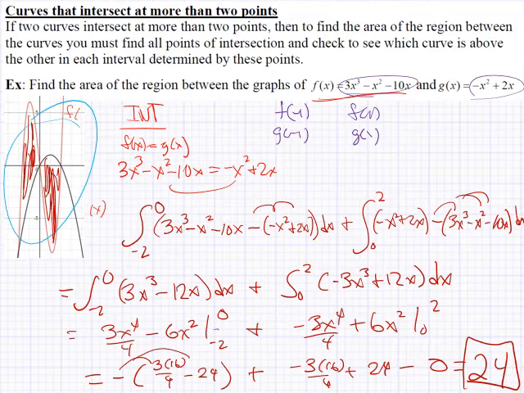But this one again is different because now we're intersecting multiple times and bounding multiple areas, and we want to find the sum total. But as long as you do the top function minus the bottom function, even if it switches, then you just create a new integral. You can keep going and you can get your areas.